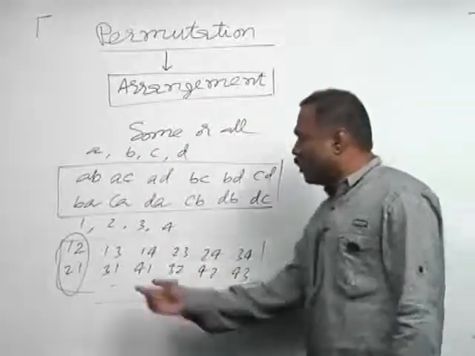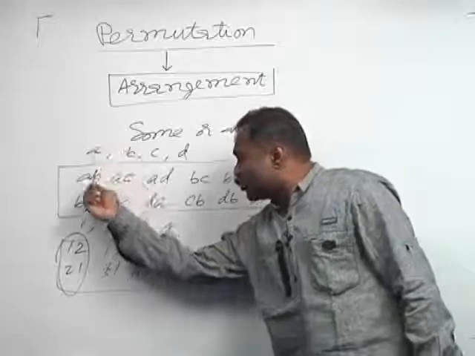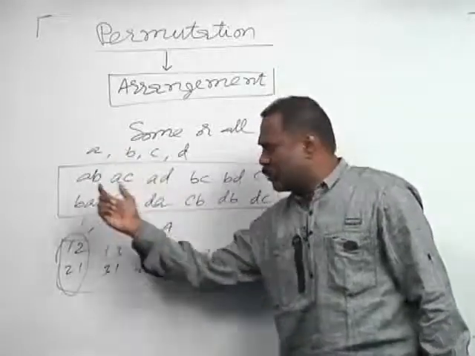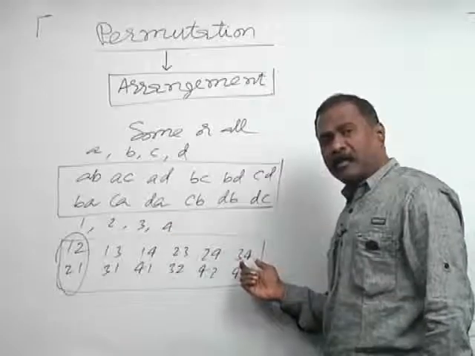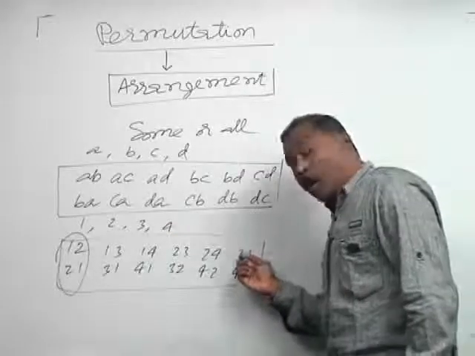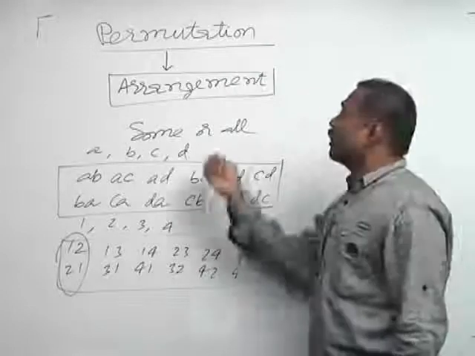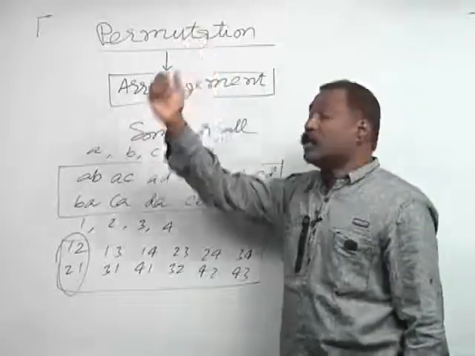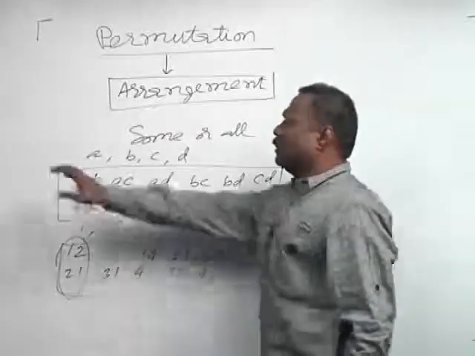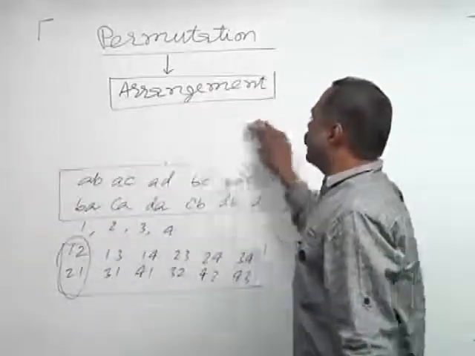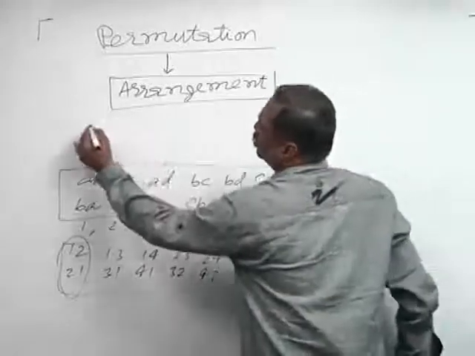In the permutation, whenever you are choosing 2 things, AB, here also 1, 2, here 3, 4, the order of things is also to be taken into consideration. So the permutation involves consideration of order of things also.